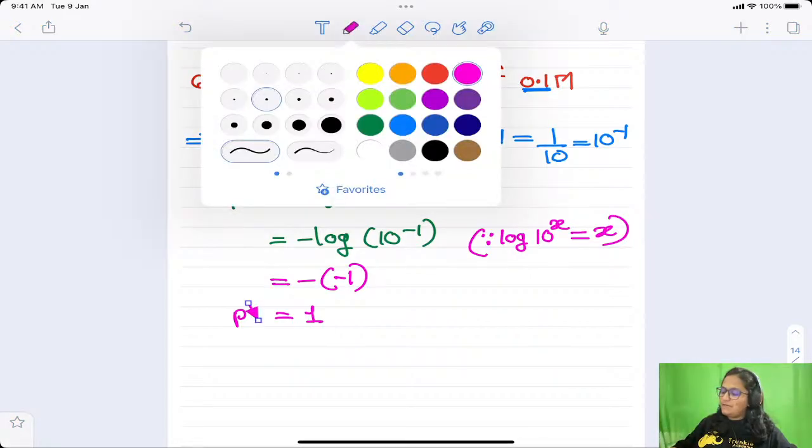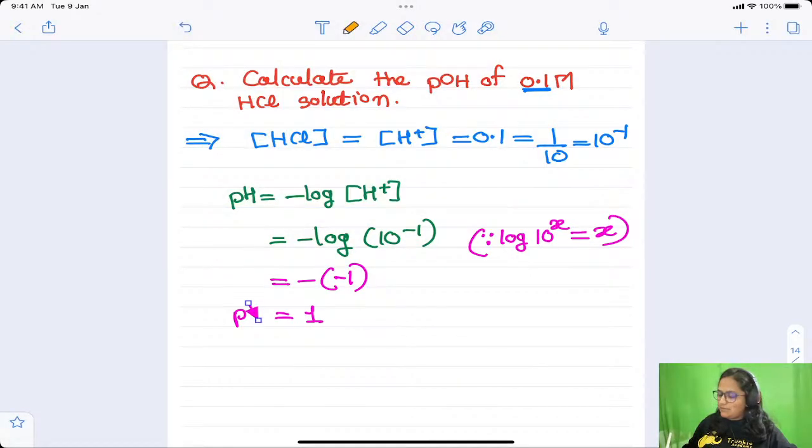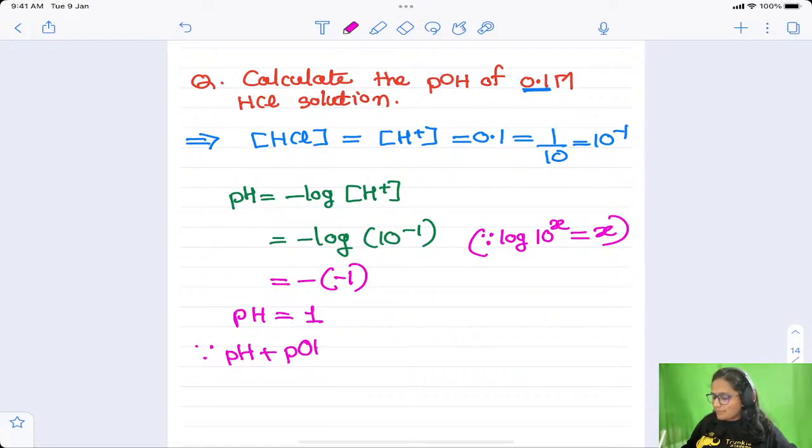By using pH I can find out the pOH. First of all, I'll write down the formula. As we know, pH plus pOH is equal to 14.